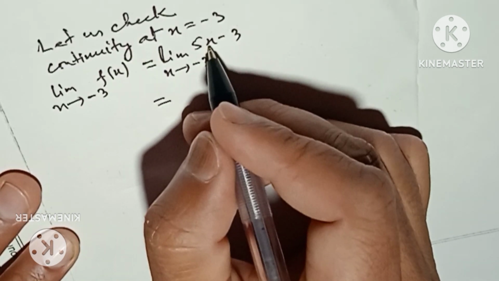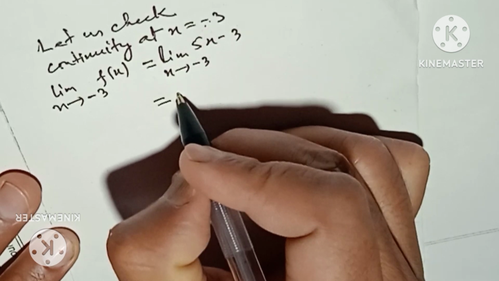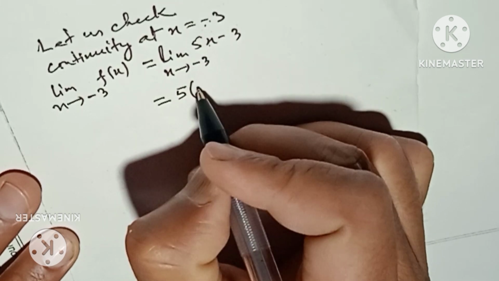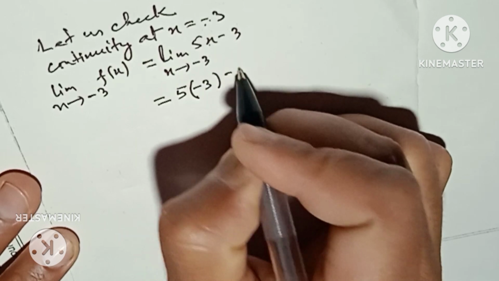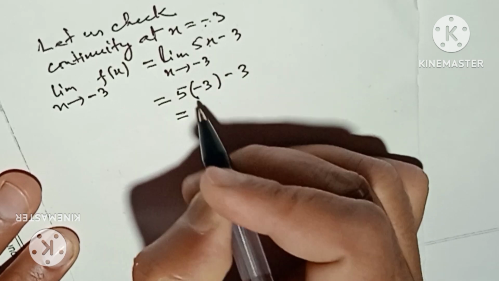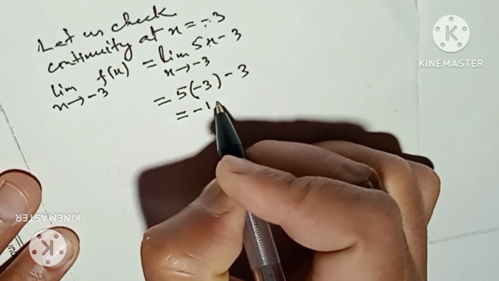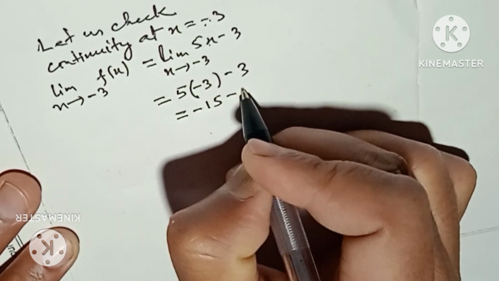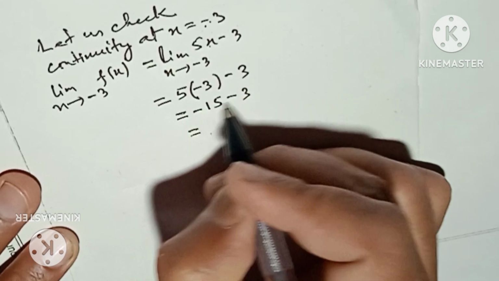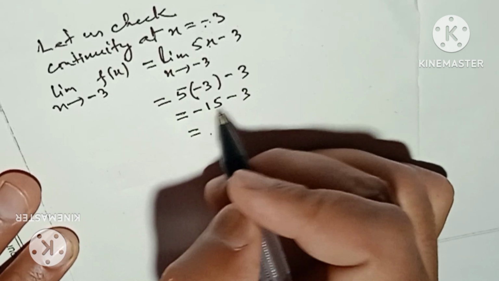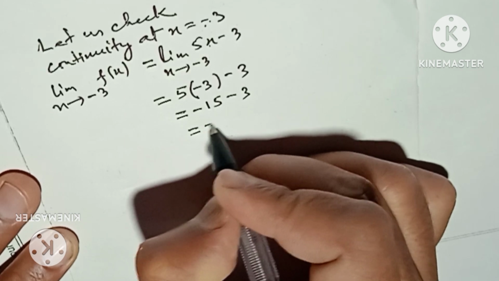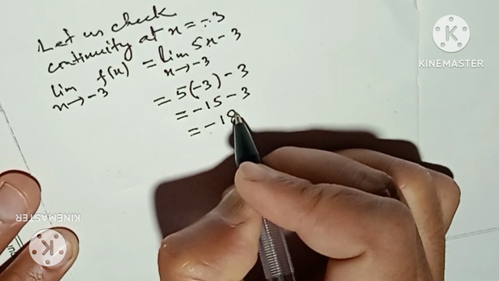Substituting the value x equal to minus 3: 5 times minus 3 minus 3. 5 times 3 is 15, with the minus sign it is minus 15, minus 3, same signs add, so minus 18.